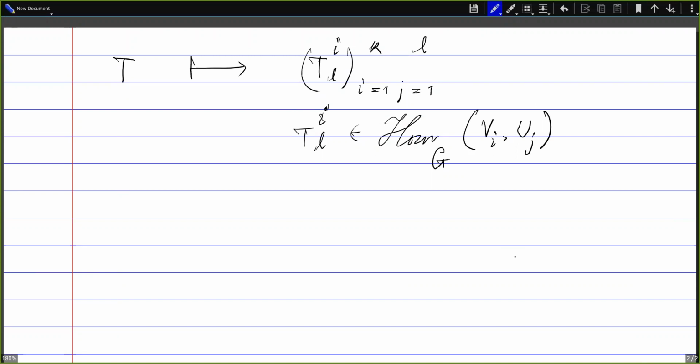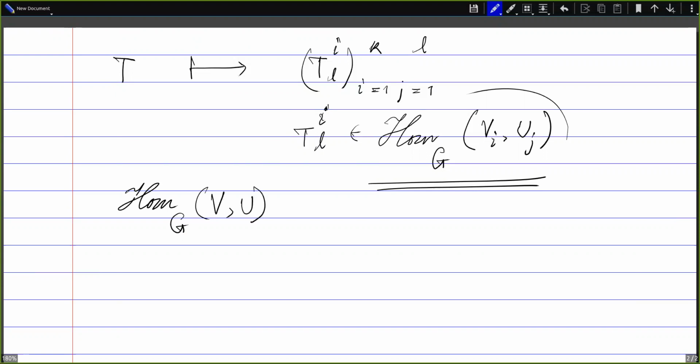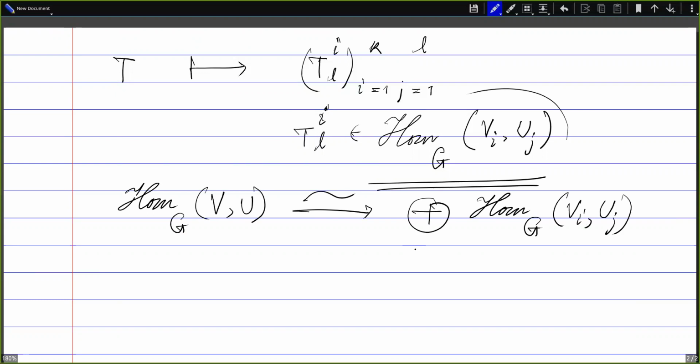On the other hand, as soon as for each pair i and j I have one element from here, then from that I can construct a G-invariant map from V to U. So what I'm saying is, this establishes a bijection between Hom_G(V, U), the set of all G-invariant maps from V to U, and the direct sum over i, j of Hom_G(Vi, Uj). Because for any T here, the map is precisely this.